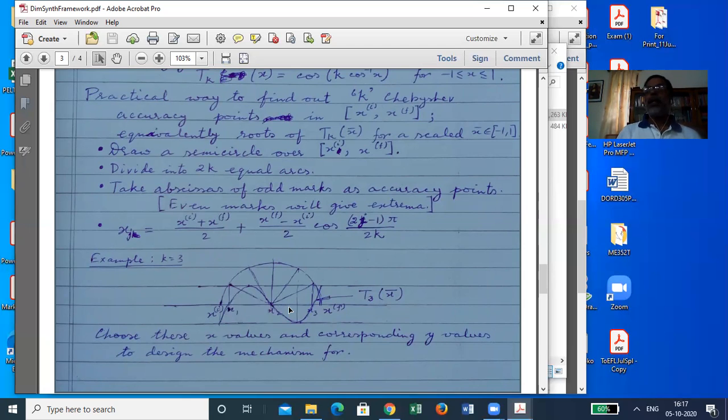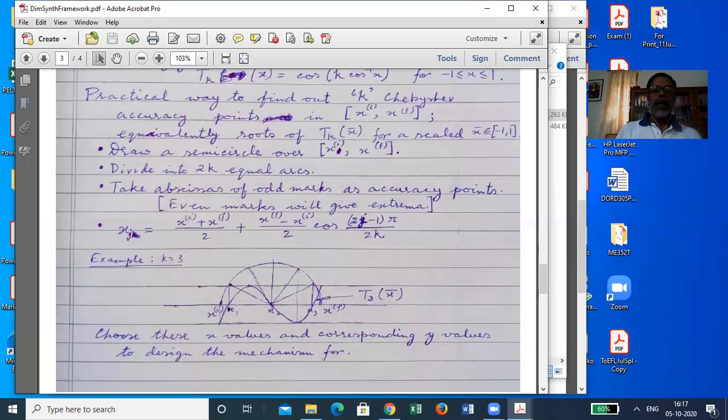If k equal to 3, you will get 3 such points. If k equal to 4, you would get 4 such points, and so on. And now the point is that in between, the error function everywhere will not follow this. But then it will be as good as possible, as close to this as possible through 3 parameters.